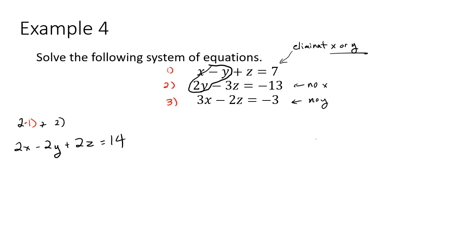Careful not to lose focus halfway through. And then I'm going to add that to the middle equation, and I'm going to line everything up because we're going to combine like terms. So I've got 2y minus 3z is equal to negative 13.